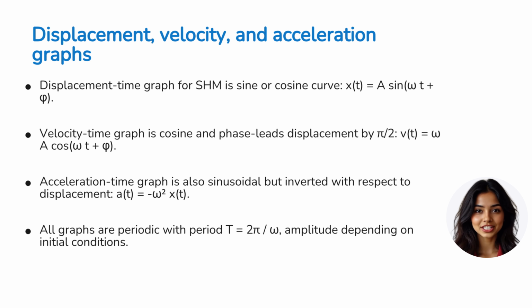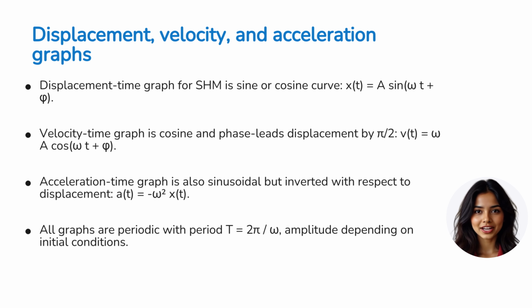Acceleration versus time graph also oscillates sinusoidally, but it's inverted relative to displacement because acceleration equals minus omega squared times displacement. So when displacement is positive maximum, acceleration is negative maximum, pulling the object back toward equilibrium.